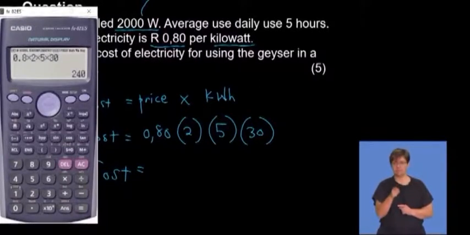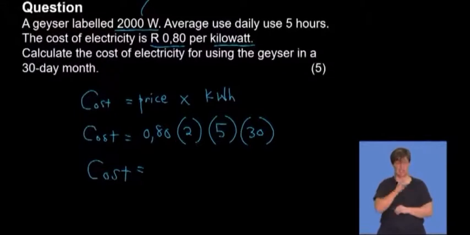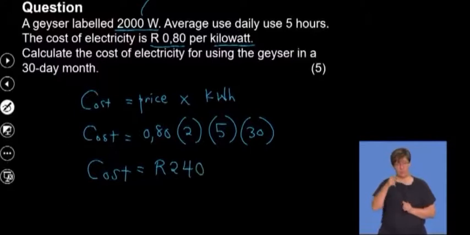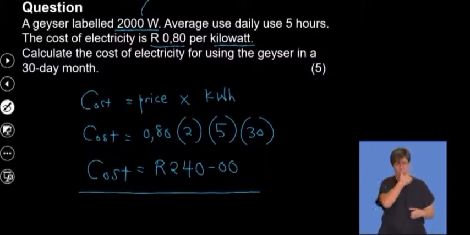So this is actually 240. Actually, this value is in rands. So the cost for using it is 240 rands per month. So that's the cost of using the geyser for that period of 30 days.